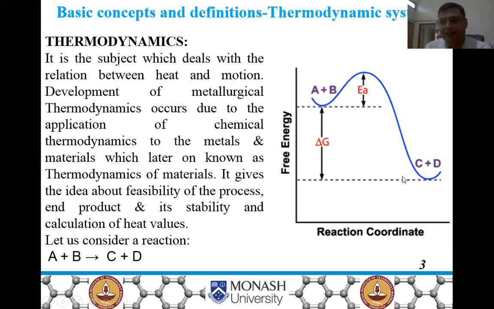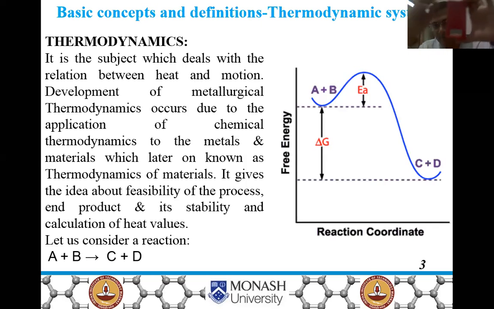To understand this, let us say we have this box, and if we consider the center of mass of this box as the energy level, let us say this is the unstable state, and this is the most stable state.